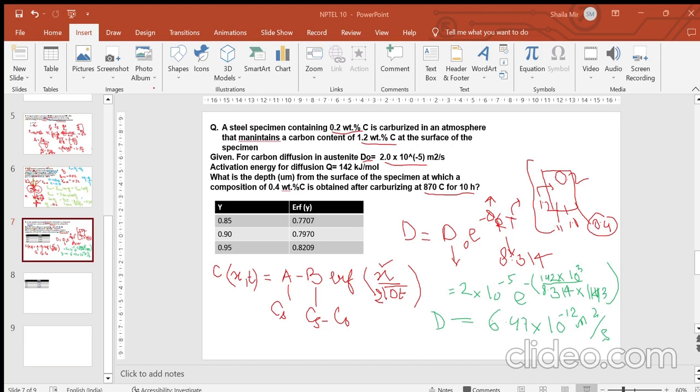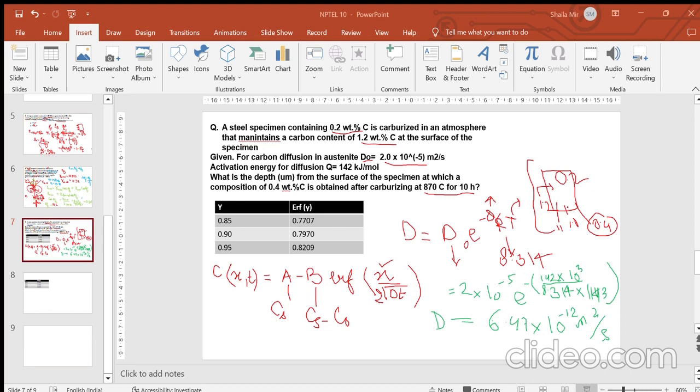Now the ERF y will be somewhere between 0.79 and 0.82, somewhere here you can have a value of 0.8, right? So you just have to calculate from this table what should be the value of y in order to have a value of 0.8 as ERF y.